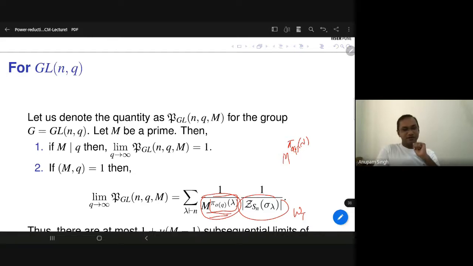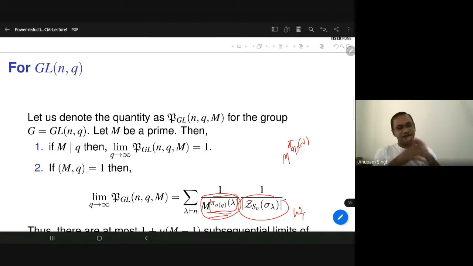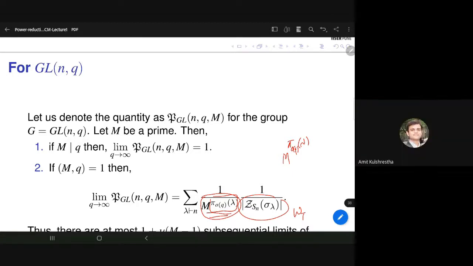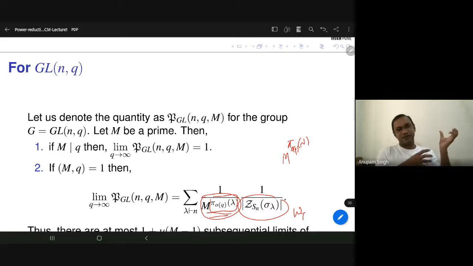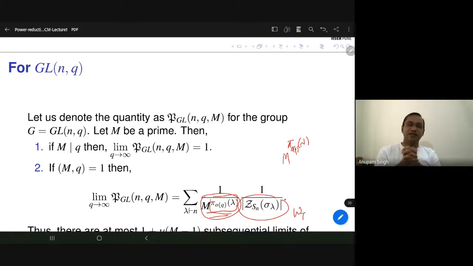But it's not very difficult to prove that if you take the limit Q tending to infinity, if you make Q very large, the two things will turn out to be the same. So if you take Q large, then the regular semisimple elements and their image, the semisimple elements and their image, all turn out to be basically the same as this. But definitely, if you look at them individually, they are going to be different numbers.